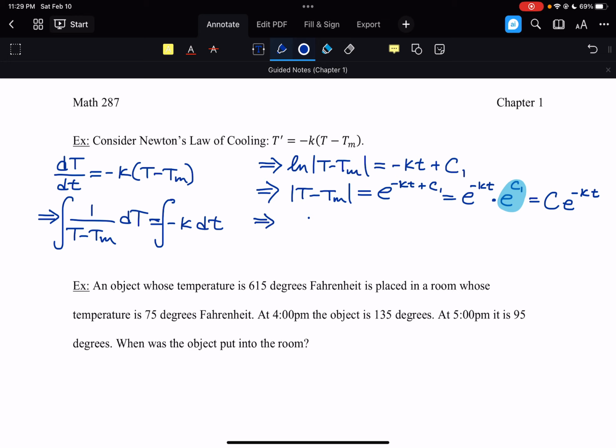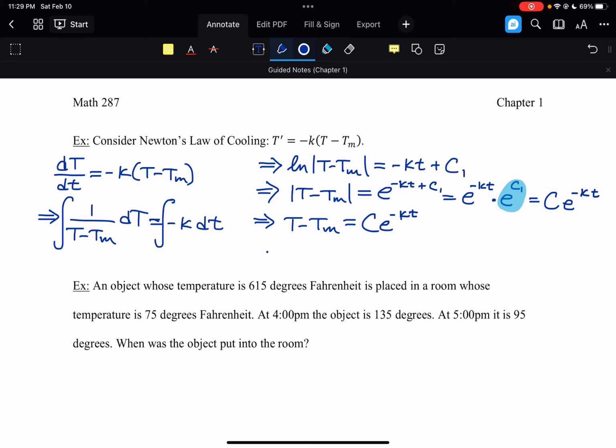Then to get rid of absolute value, we would need to incorporate a plus or minus. But again, the arbitrary nature of this constant really helps us out here, because whether it's plus or minus, the constant will adjust based on the plus or minus, so we don't need to include plus or minus in this formula.